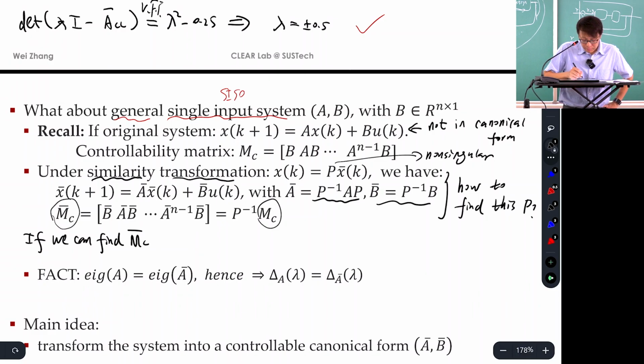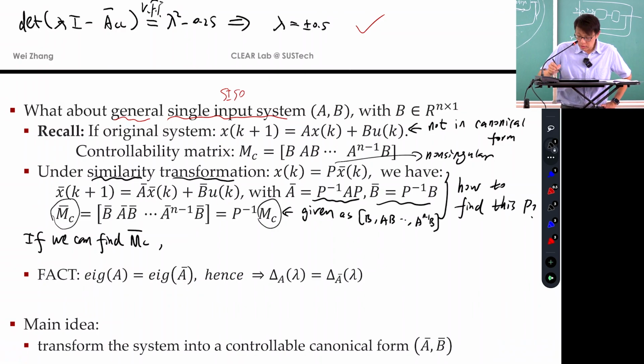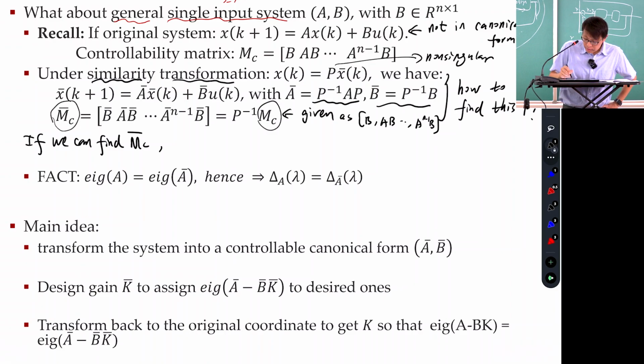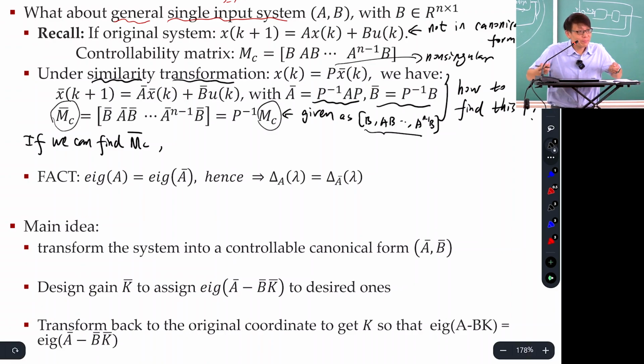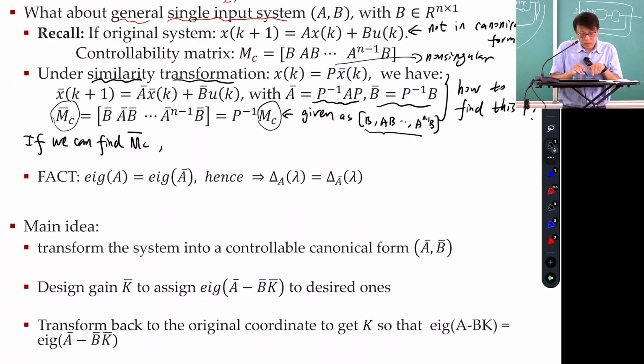MC we know, this is given as B, AB, all the way to A to the n minus 1 times B. That's my controllability matrix. That's why we introduced controllability. So A and B are given, so you can compute MC. Are you with me? That's something we know to start with. And I know MC and MC bar are related by this P inverse.